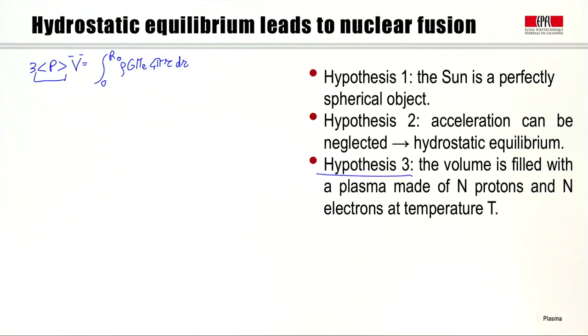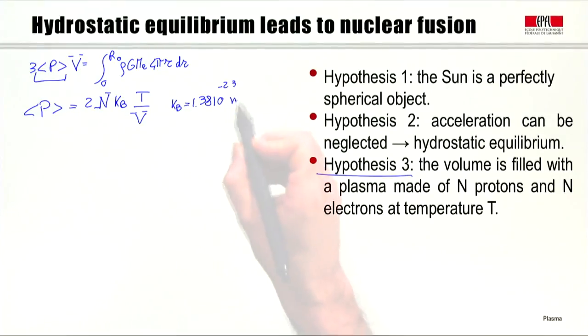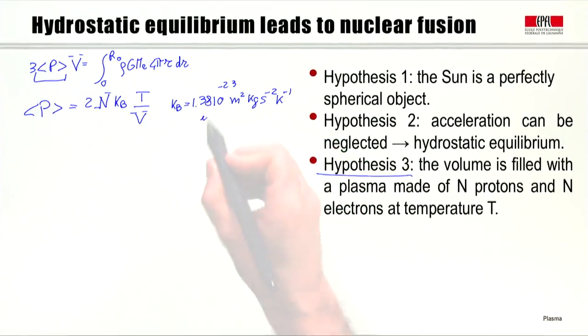We assume that the volume in the Sun is filled with a plasma which is made out of n protons and n electrons at the temperature T, and we will then use the equation of state of an ideal gas. We can thus write the average pressure in the following way, where k_B is the Boltzmann constant.